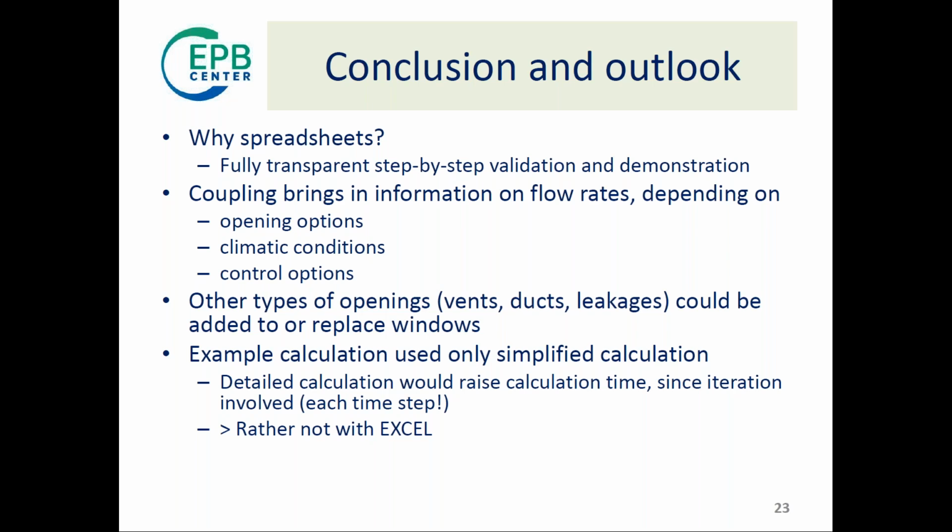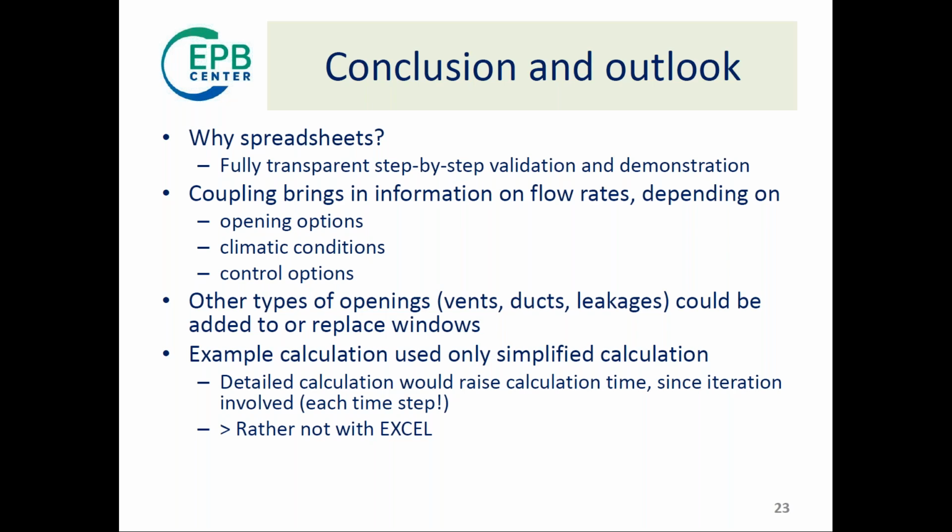Now, this coupling that I was talking about brings in the information on the flow rates, depending on opening options, climatic options, and control options. Other types of openings, such as vent ducts, leakages, and so forth, could be added, or could replace the open windows. I just chose the open windows because this is the most straightforward way of doing that.